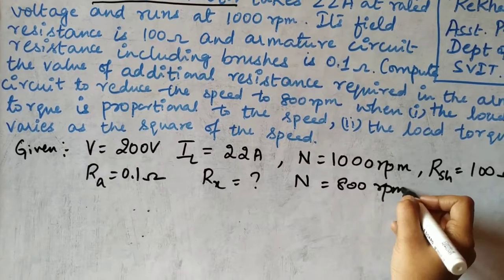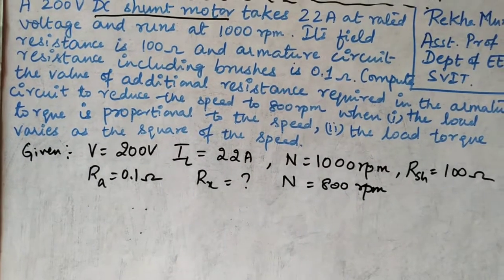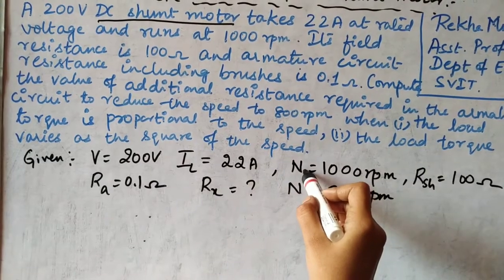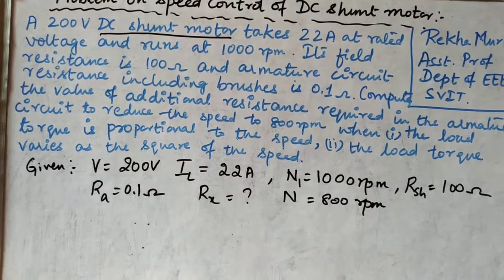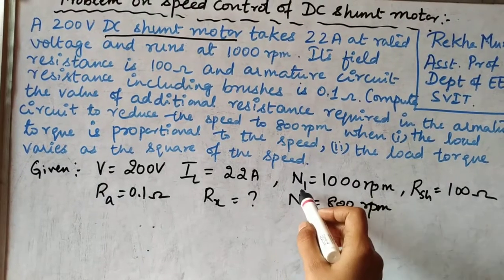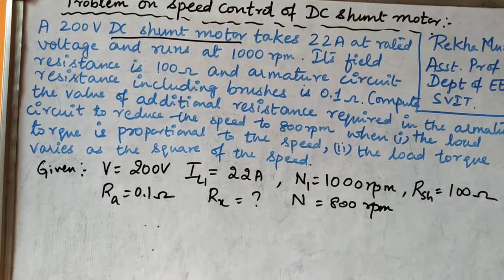So therefore you can see that there are two circuits we have to draw. The first circuit, a normal circuit, runs with the speed of 1000 rpm. Let me denote the suffix speed as N1 and the line current as IL1.